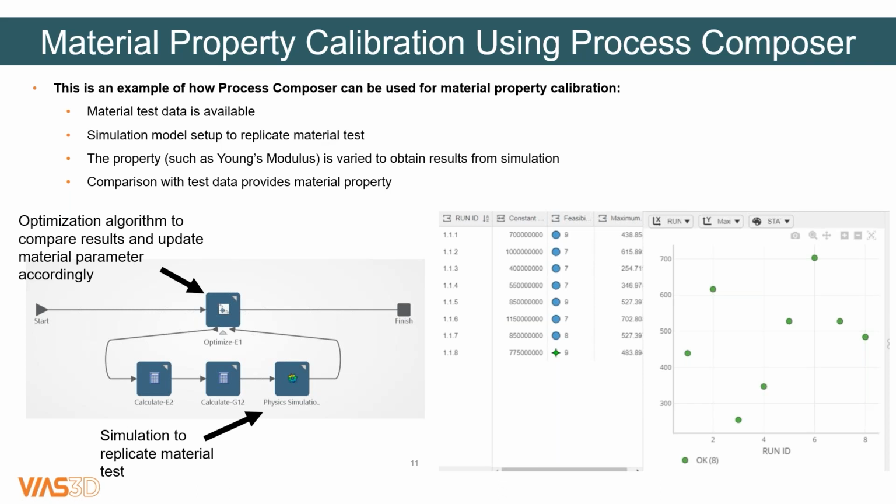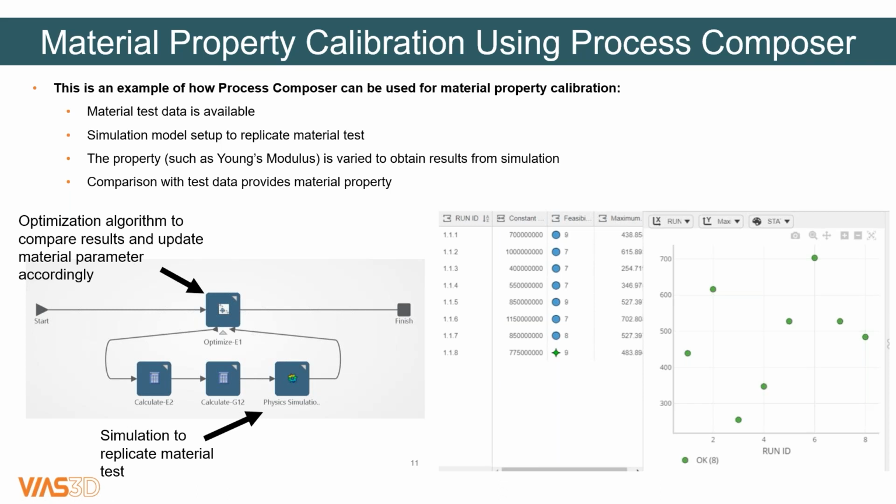On this slide, you can see we optimize some of the material parameters. This is the Young's modulus optimization, and Young's modulus is automatically varied, and you get the results from the simulation. You can see the simulation component here on the left-hand side, and we also have some other components such as a calculator. We put this calculator there to calculate those parameters from different parameters, so we put some formulas there.